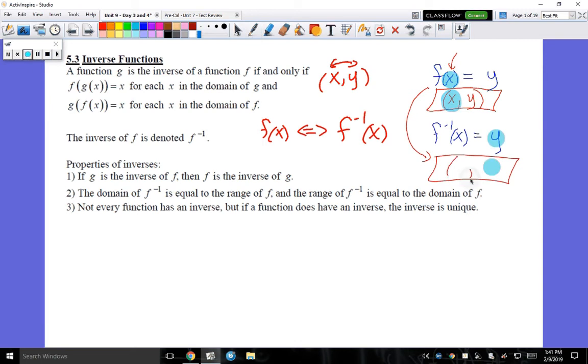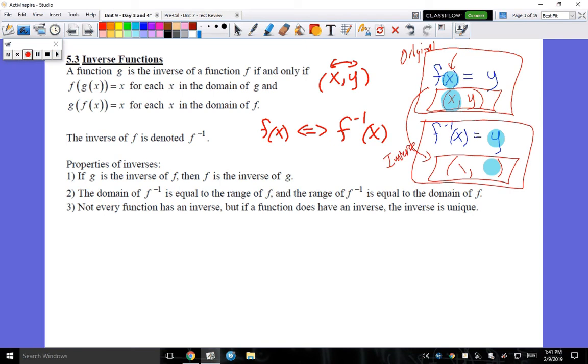So whenever I have a graph that looks like this, this x, y is a point on the original f of x, and this x, y is on the inverse function.